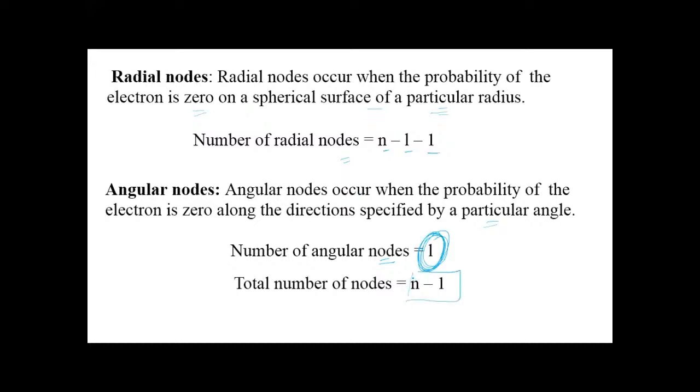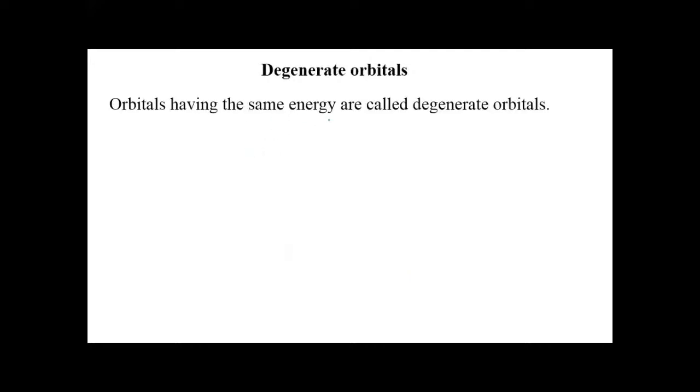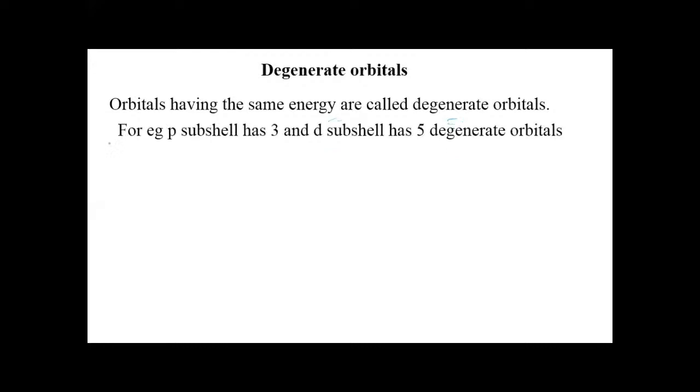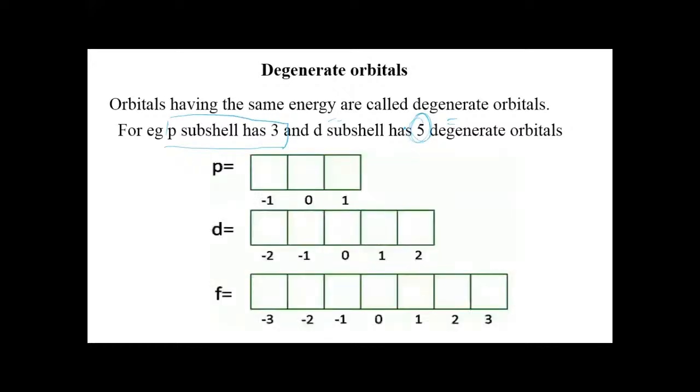Okay. Now degenerate orbitals. Orbitals having the same energy are called degenerate orbitals. For example, the p subshell has 3 degenerate orbitals, the d subshell has 5 degenerate orbitals, and similarly the f subshell has 7 degenerate orbitals.